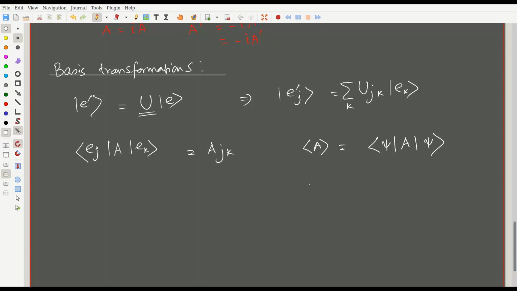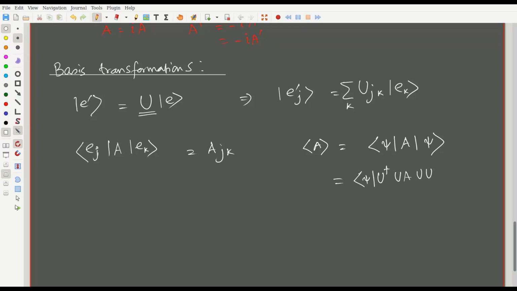Okay, so what is this? I can write it as, let's say, psi, here I write U dagger U, then I write A, then here I write U.